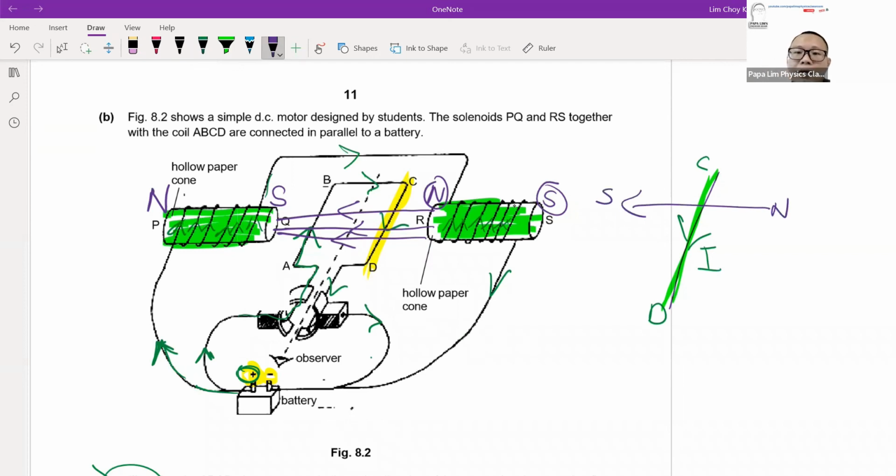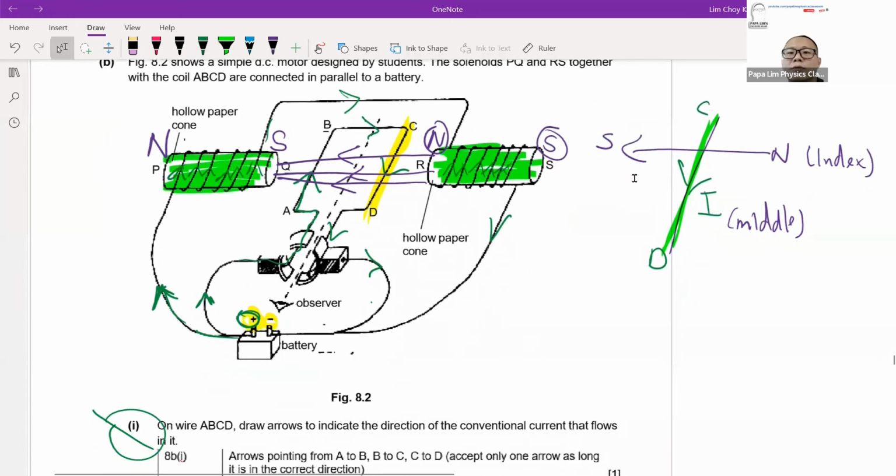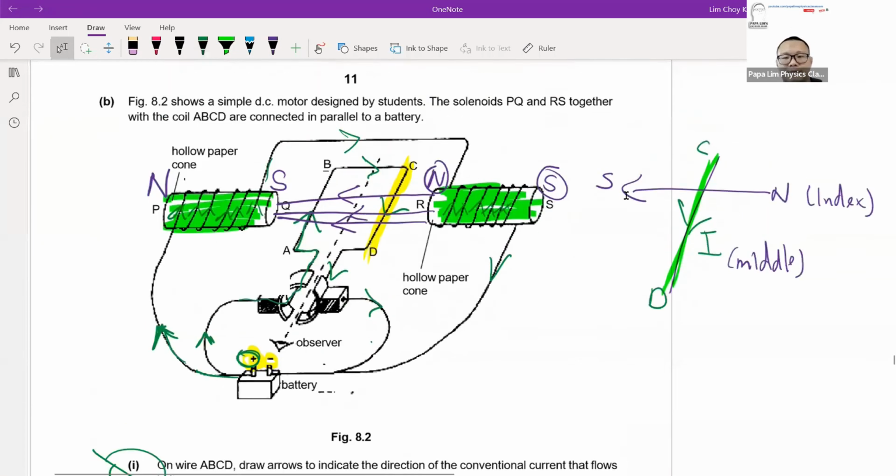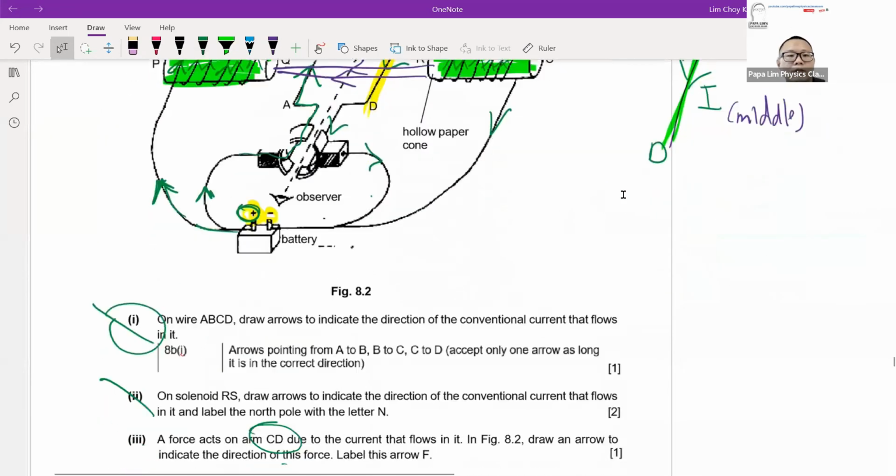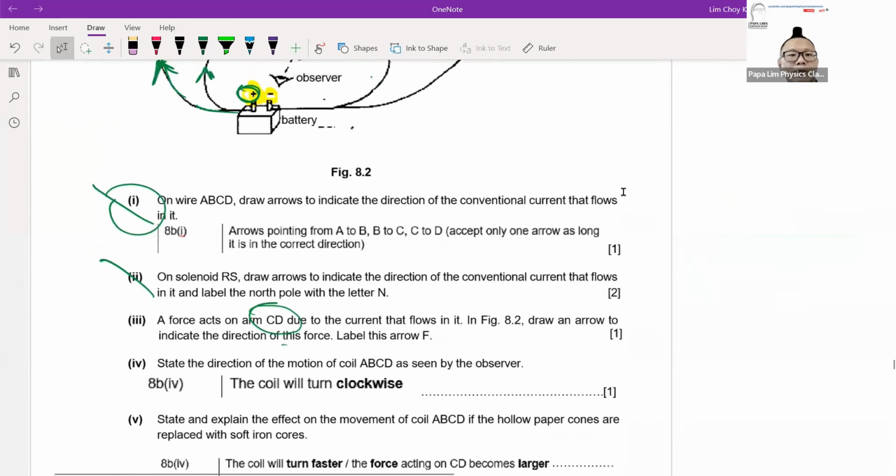If you apply your Fleming left-hand rule, with current and field lines, your force, field, current, so this will be your middle finger and the field line will be your index finger. You'll find that your force will actually be pushing it downwards.